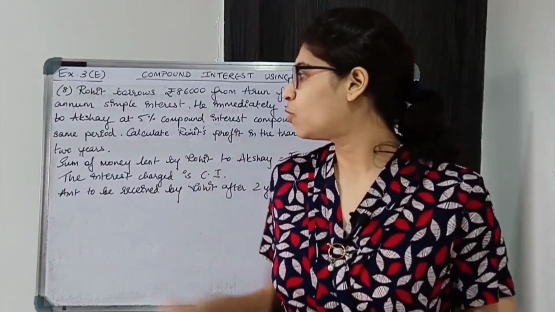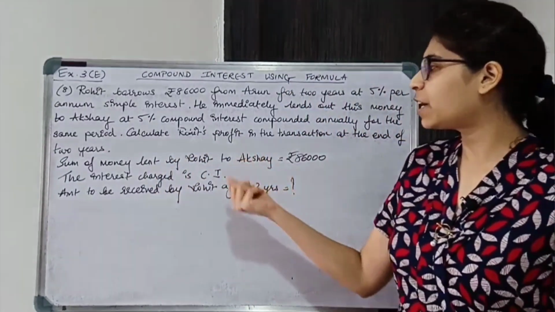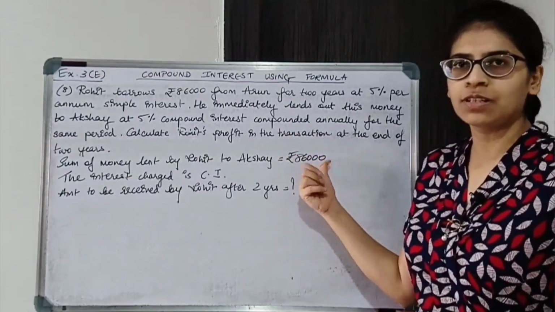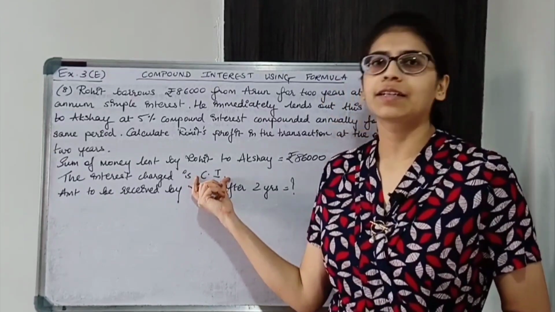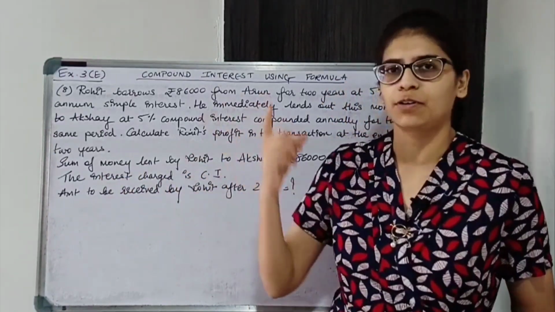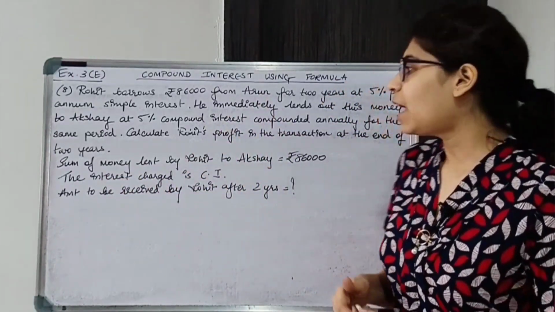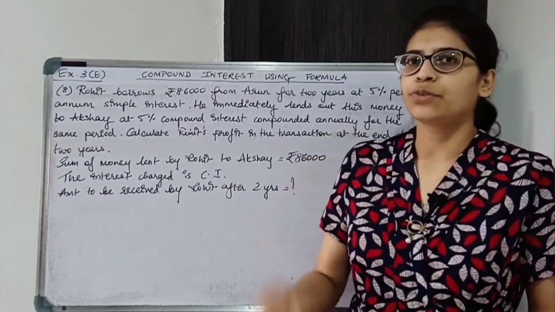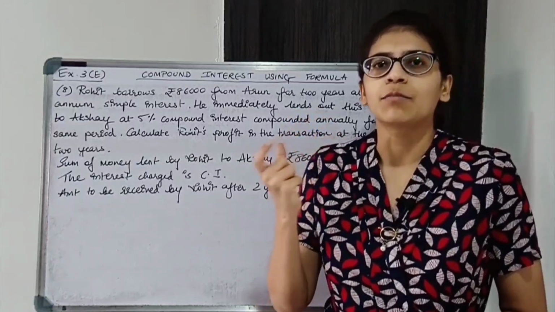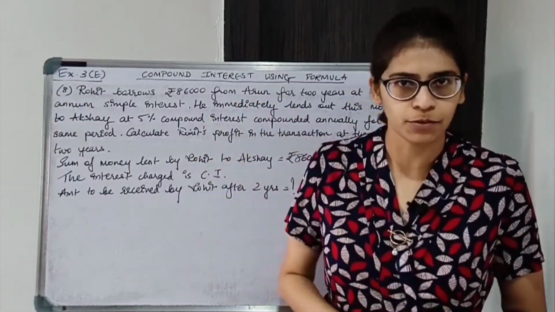The same sum of money, 86,000, is lent by Rohit to Akshay, but he gives the money at compound interest. So the interest charged is compound interest, and Akshay has to return the money to Rohit after 2 years. What is that amount? That is what we have to find.